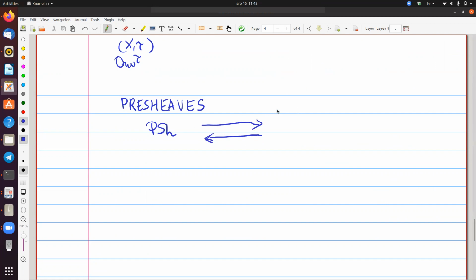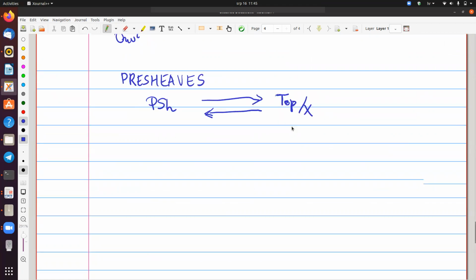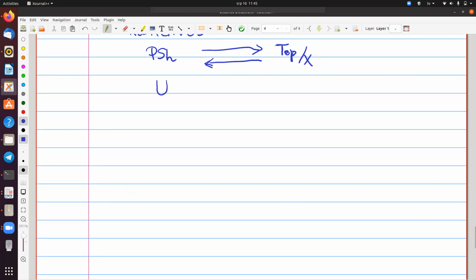One was from pre-sheaves to spaces over X. And here I have this category which is nowadays just called sheaves, and here étale spaces over X. And here we have an equivalence of categories. The above two functors restrict to an equivalence of categories here. This is the whole point of elementary sheaf theory, this diagram.